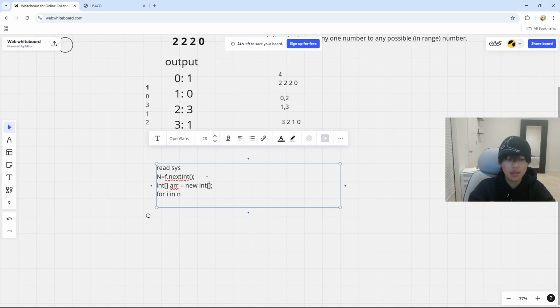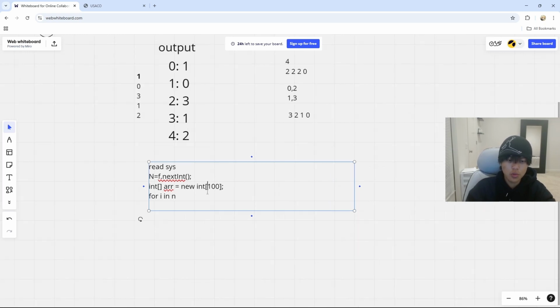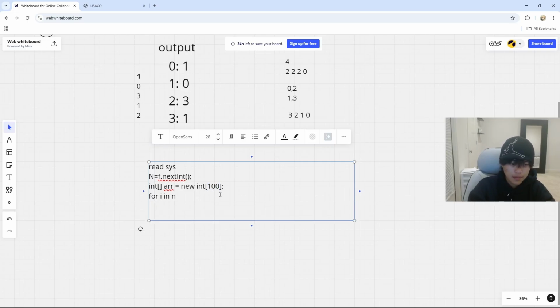And the length: in the description, I don't remember exactly, but the numbers given were no more than, I think, 200,000. I'm just going to put like 100, because I don't want to complicate it, but originally I put some really big number. Okay, so for I in n, I'm going to do this.